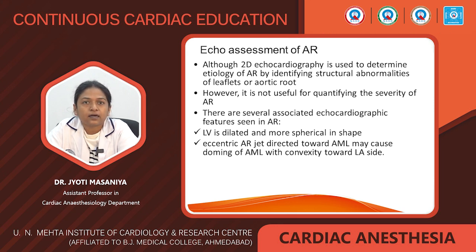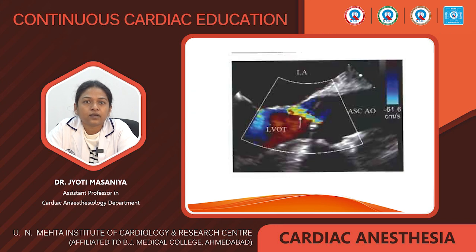There is an eccentric AR jet directed toward the anterior mitral leaflet that may cause doming of the AML with the convexity toward the left atrial side. Here you can see in this figure, this is the mid-esophageal AV long axis view with color flow Doppler showing the flow turbulence across the aortic valve, and there is the eccentric AR jet directed toward the anterior mitral leaflet.